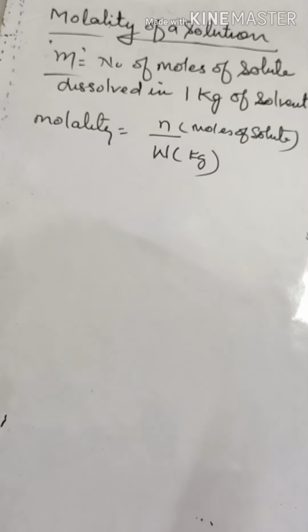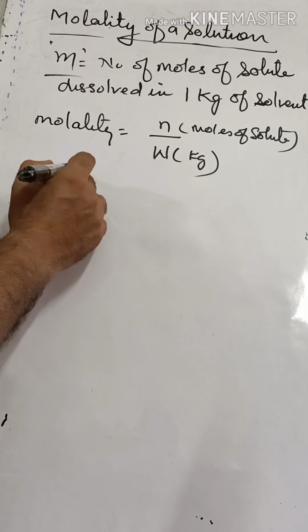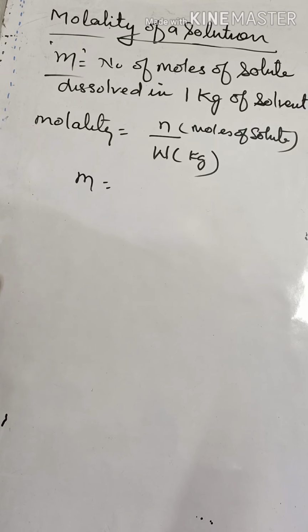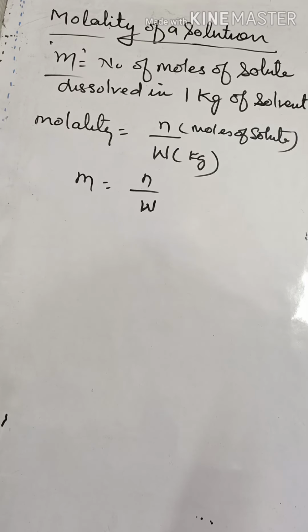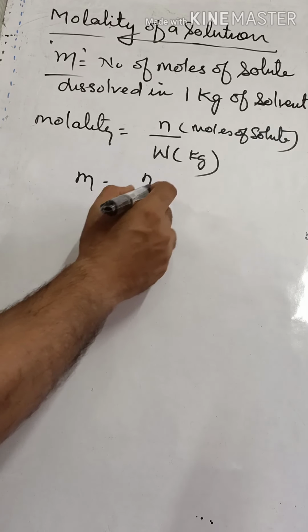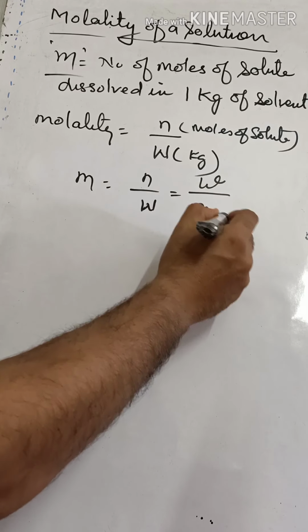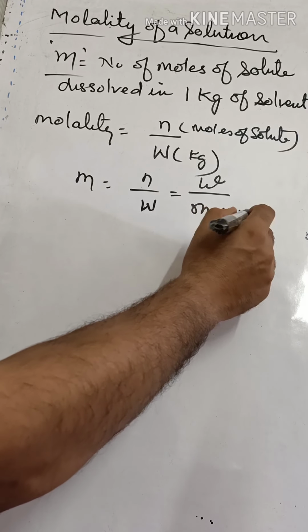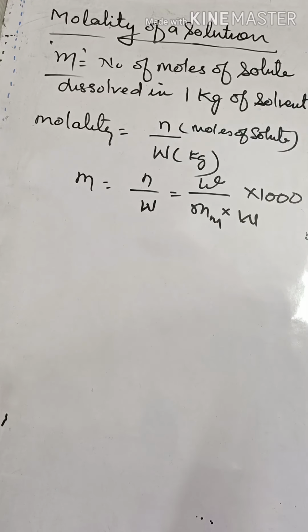So molality of solution, small m, is n upon capital W. Here n is small w upon molar mass, into capital W into 1000.